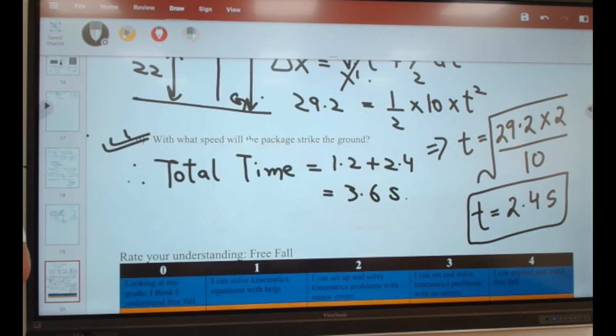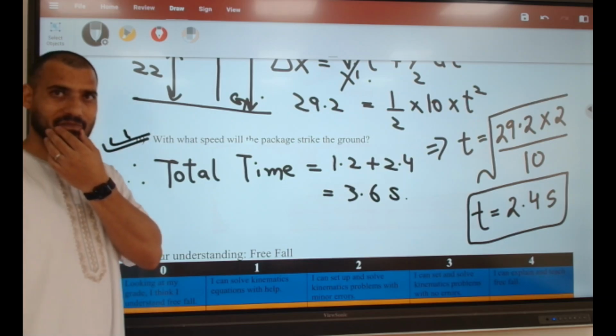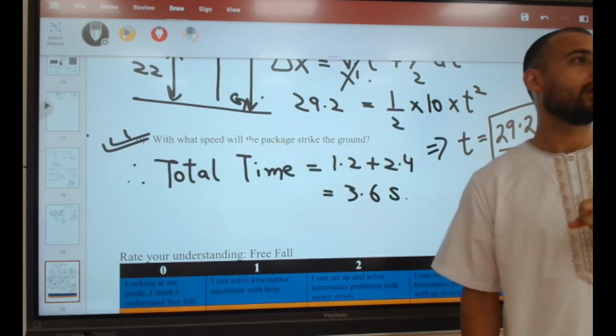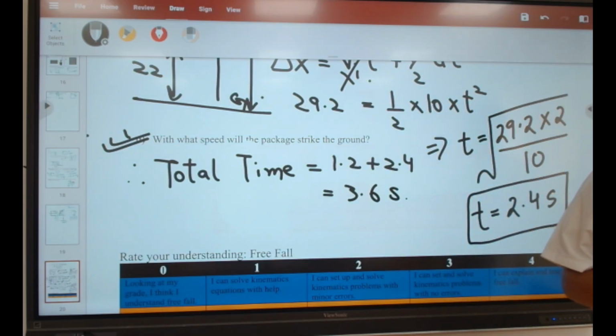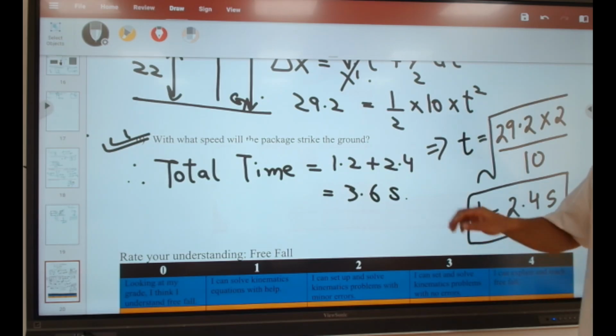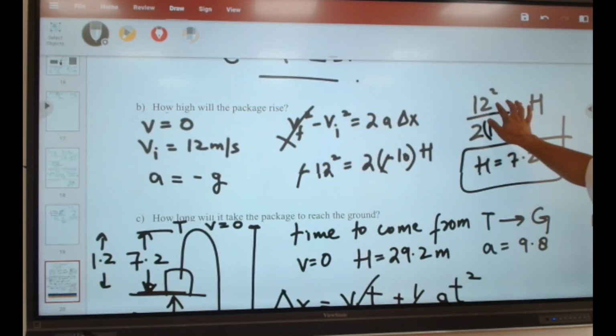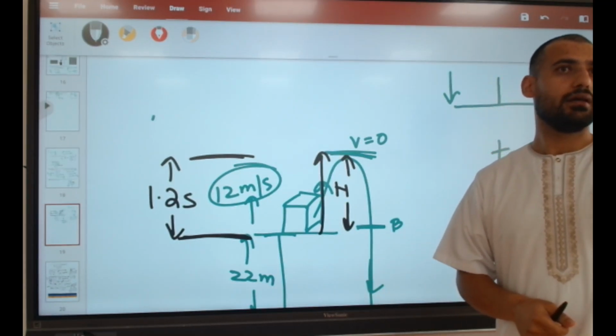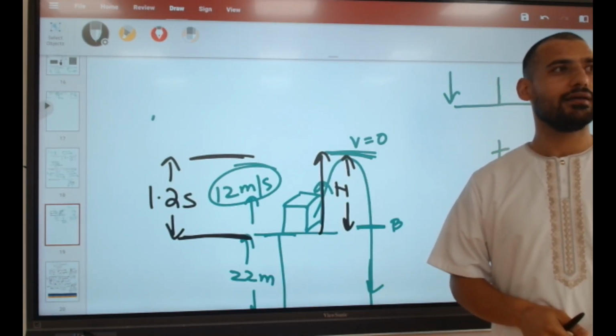He's asking us the speed. See, the question is, let me go back to the original diagram. 8.1? How many of you say 8.1?